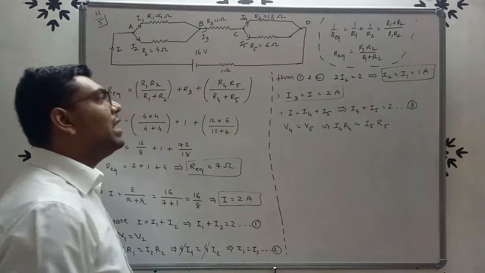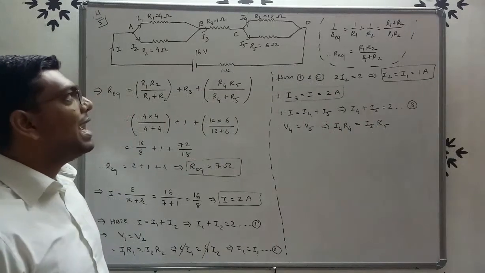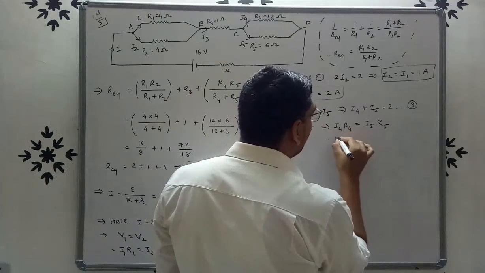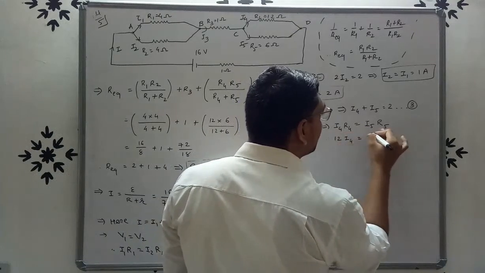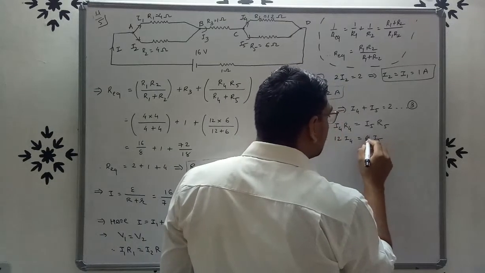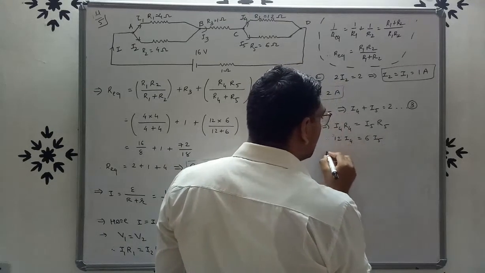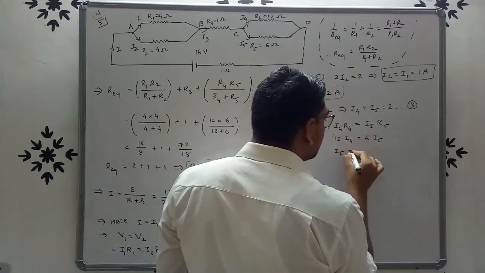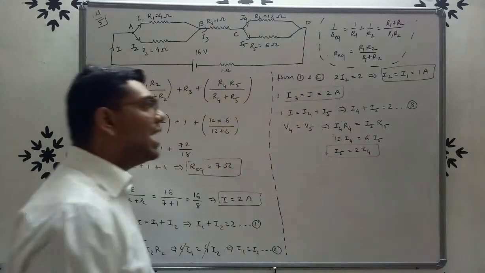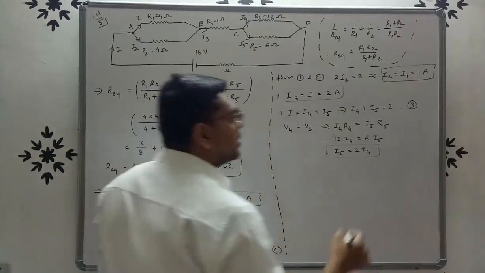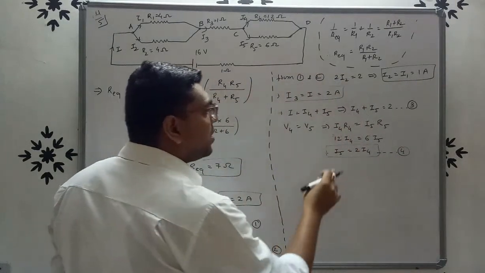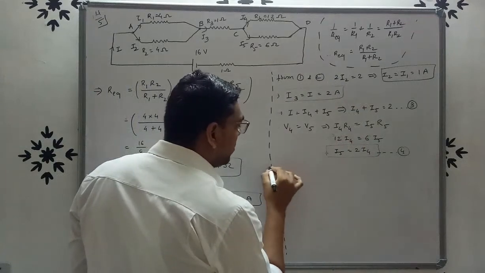But we know that the value of R4 is 12 and the value of R5 is 6. So here 12 I4 is equal to 6 I5. So this is 6 into 2, 12. So I5 is equal to 2 I4. This is the relation between I5 and I4. This is equation number 4. Now we put the value of equation number 4 into 3.